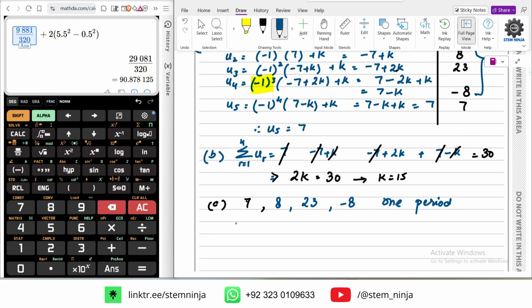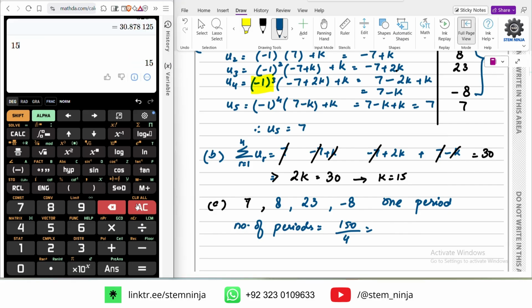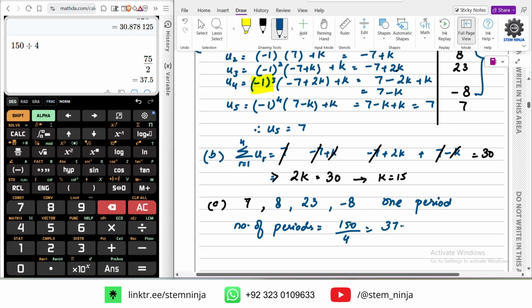So we need to see how many periods are in this. So number of periods would be 150 divided by 4. 150 divided by 4, 37.5. So 37.5 means 37 full periods and 1 half period.